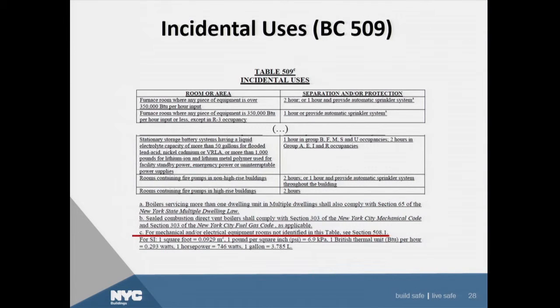So for table 509, it shows you between which occupancies. So in the first example, it says a furnace room or any piece of equipment over 3,500 BTU, and that gets a separation of 2 hours or 1 hour separation with an automatic sprinkler system. And this goes through the table and it can explain it. Now, underlined in this particular example is mechanical and electrical rooms that are not identified in the table.